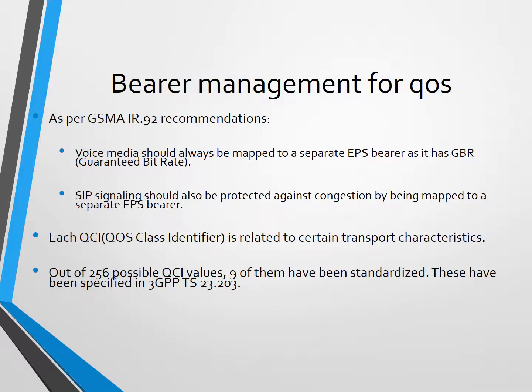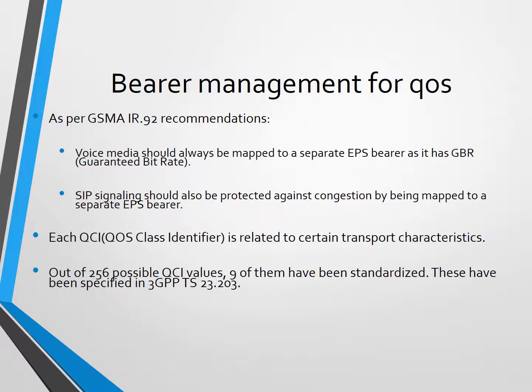Now bearer management for QoS. As per the GSMA IR.92 PRD recommendation, voice media should always be mapped to a separate EPS bearer, as it is a guaranteed bitrate bearer.